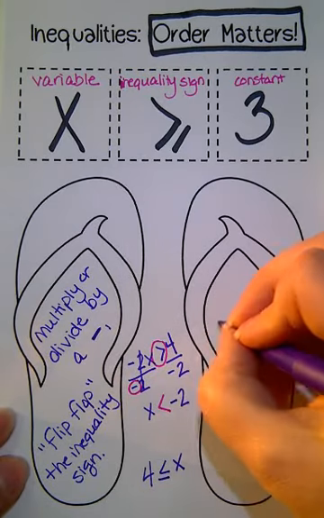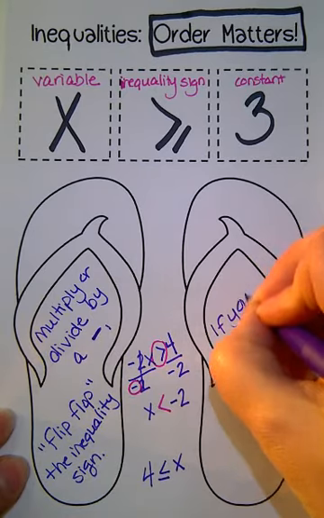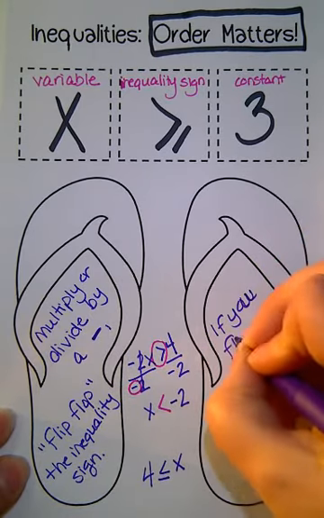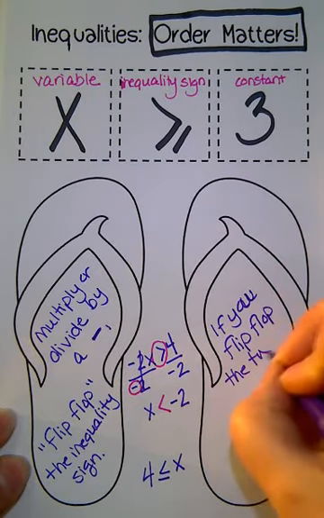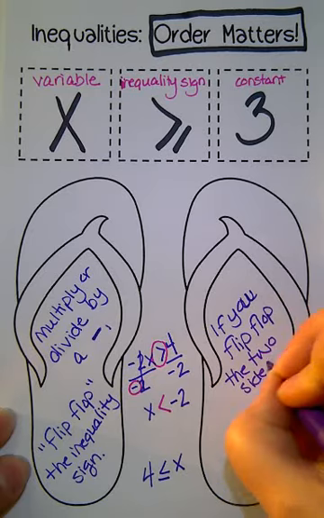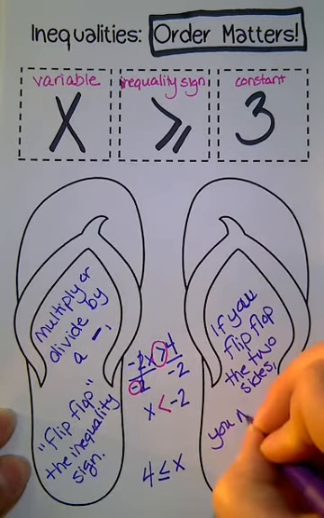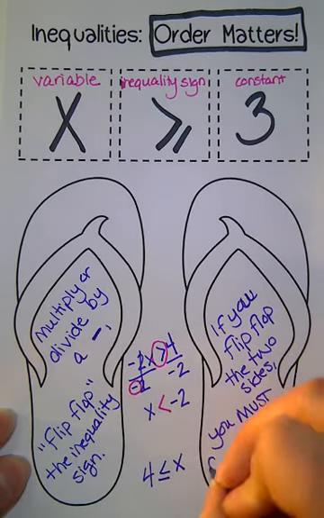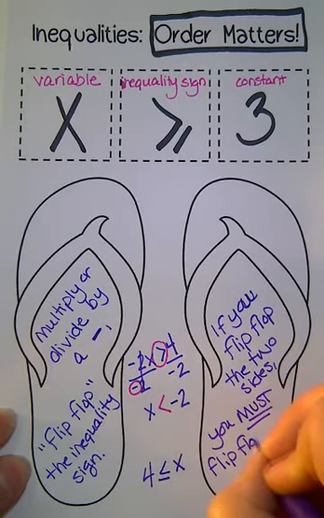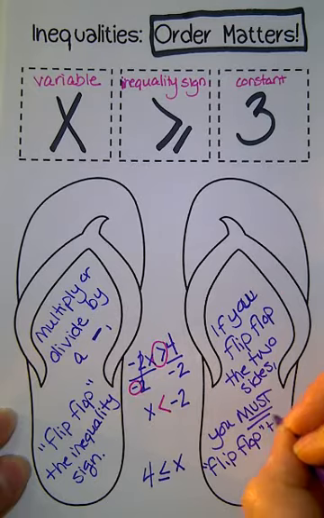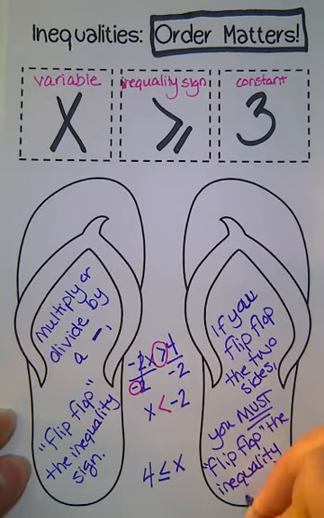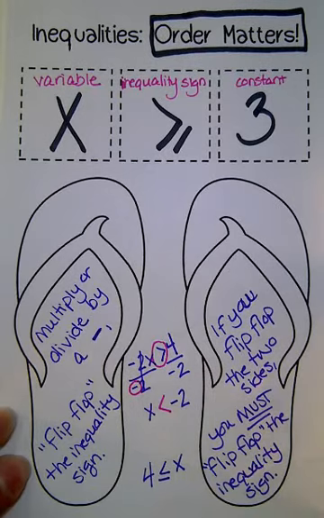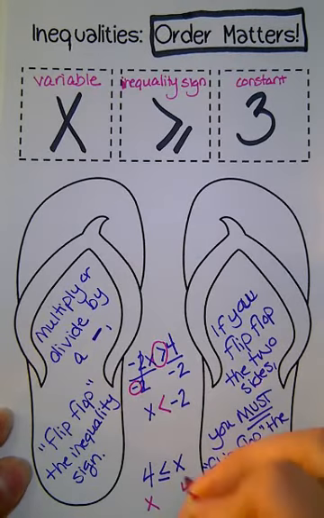You just need to remember, if you flip-flop the two sides, you must, don't forget, flip-flop that inequality sign. If you're turning stuff around, you have to turn everything around. So, if I want the x on this side and the 4 on this side, I can do that.